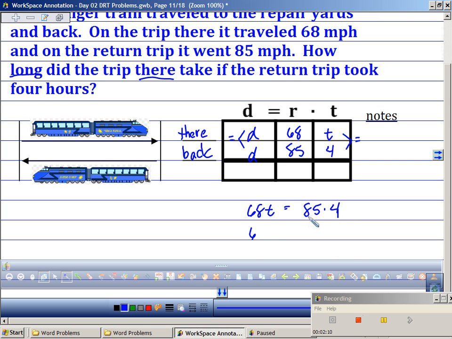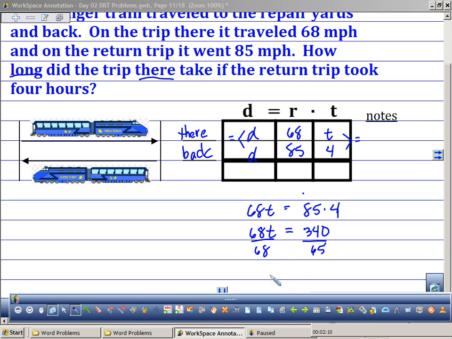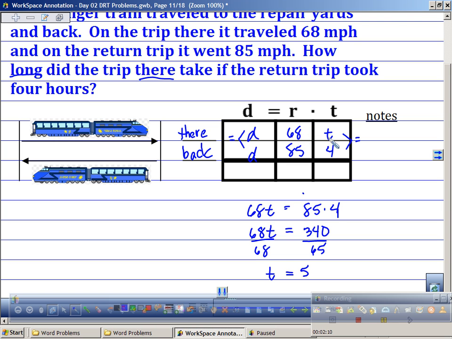How do I solve that? Put it in your calculator. What's 85 times 4? 340? 68T equals 340. What's 340 divided by 68? So if going there, they drive 68 miles per hour for 5 hours.